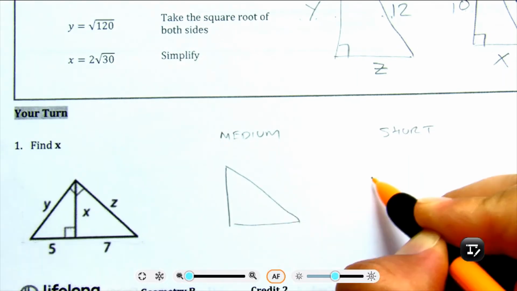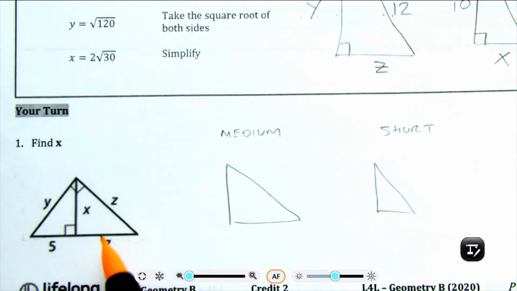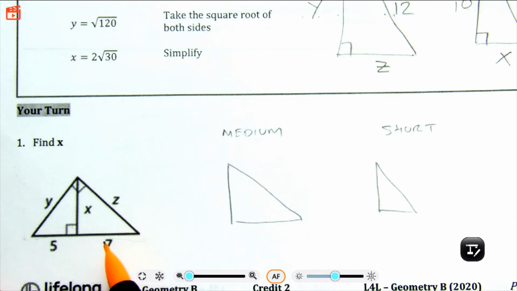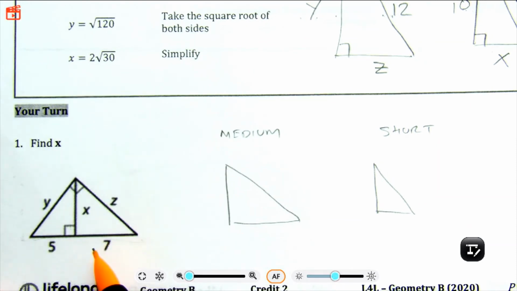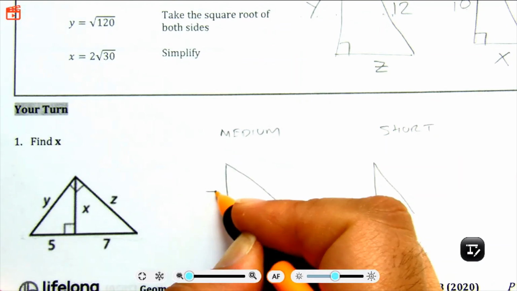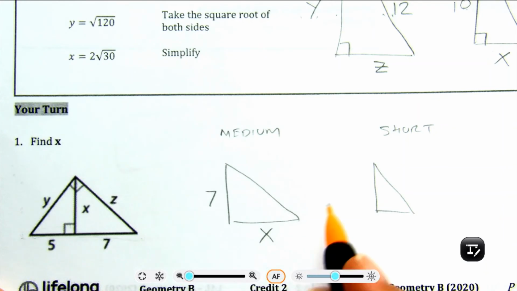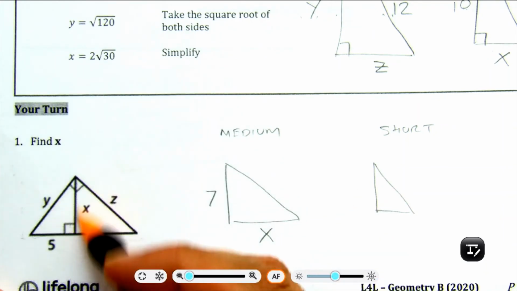Okay, in our medium triangle, we have the long leg over the short leg. So 7 over x. In our small triangle, we have the long leg over the short leg. So x over 5.